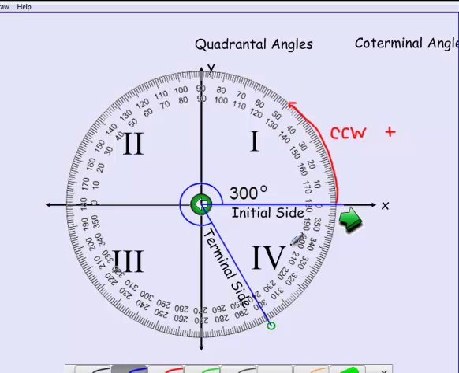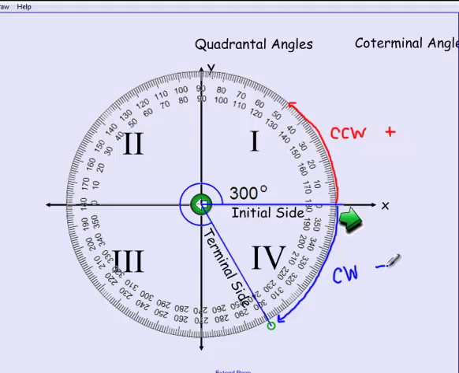Because if I go this way, this is clockwise, and that's a negative movement. So actually this blue angle that I just created right here would be called negative 60 degrees because I went backwards 60 degrees. 10, 20, 30, 40, 50, 60.